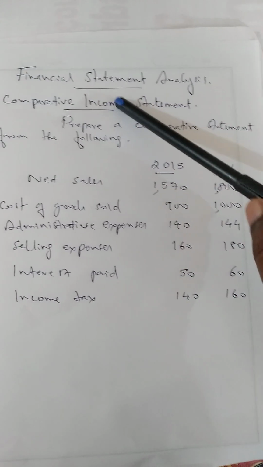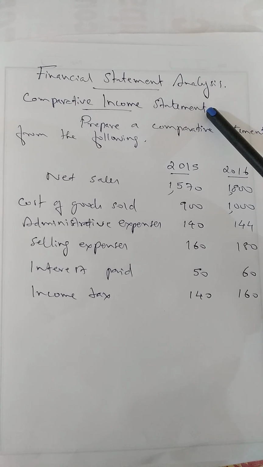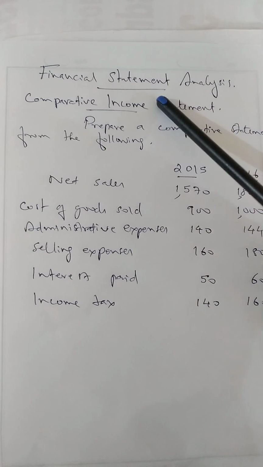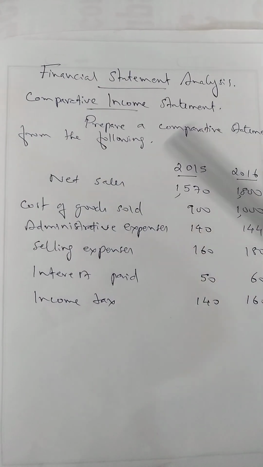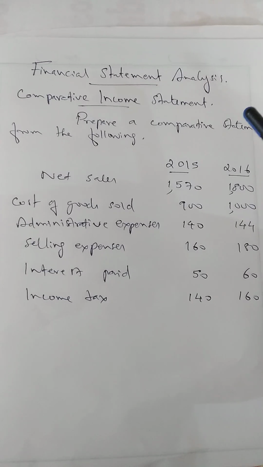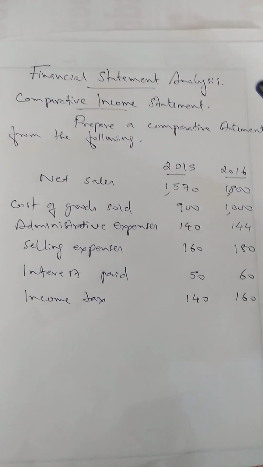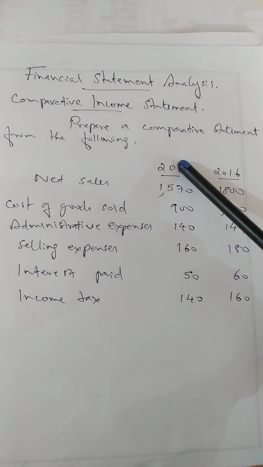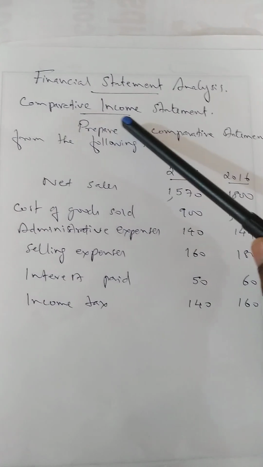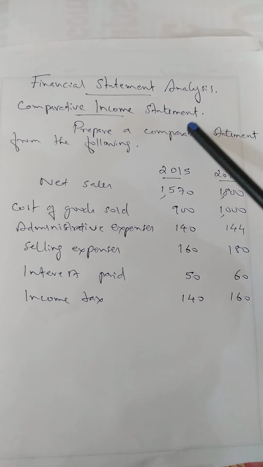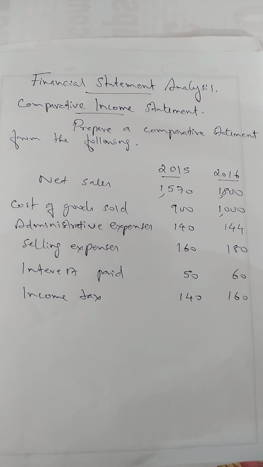So, financial statement analysis is done through comparative statement analysis, and this comparative statement analysis consists of two things. One is comparative income statement and another one is comparative balance sheet.